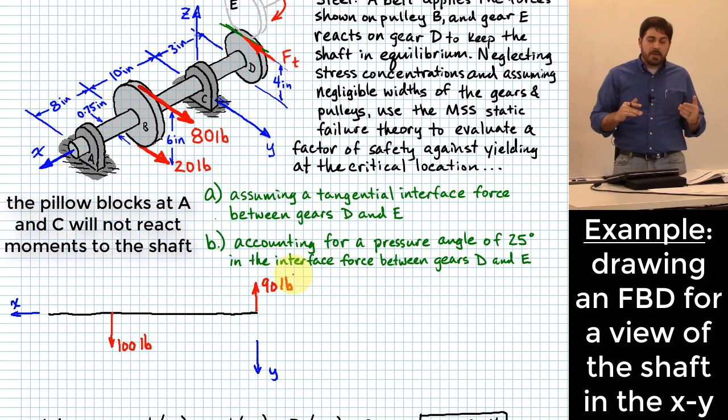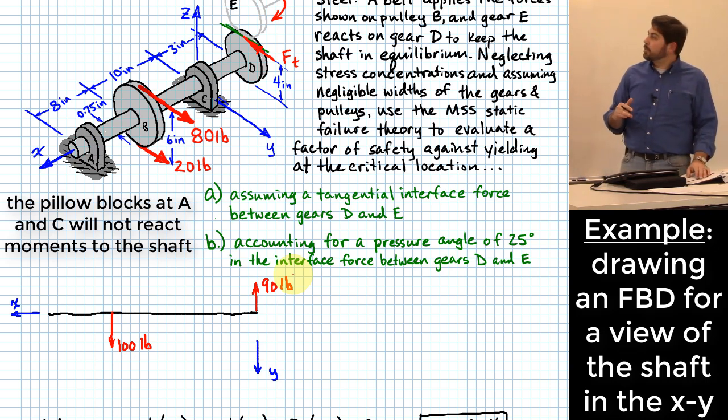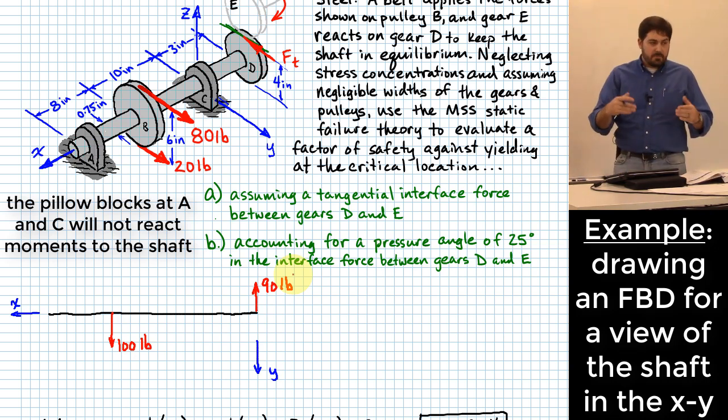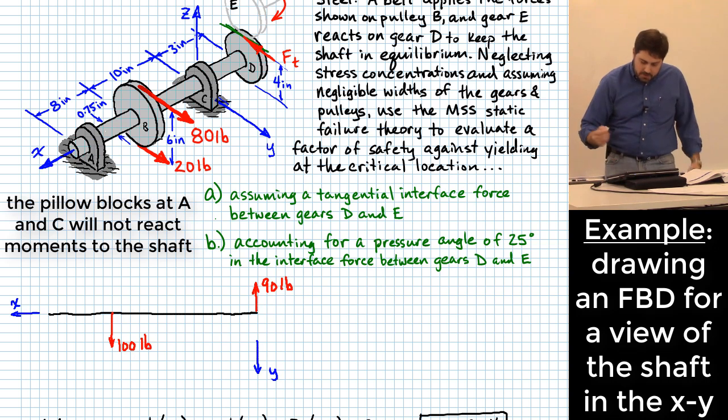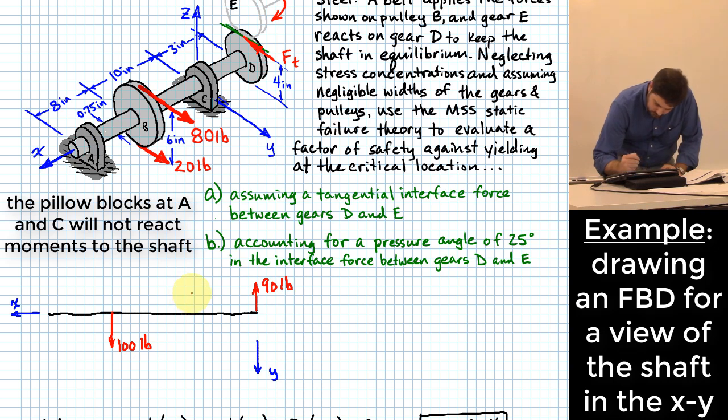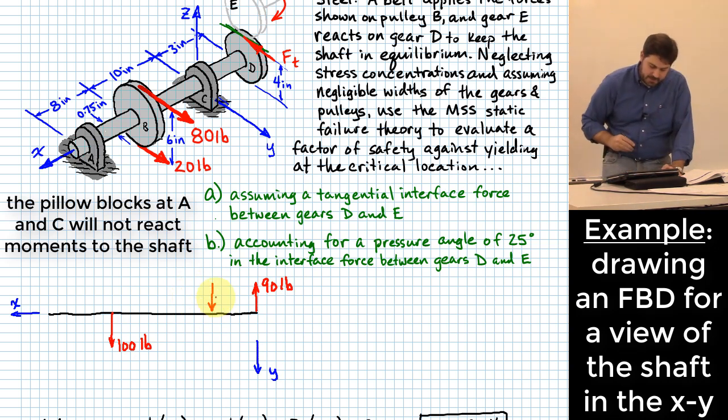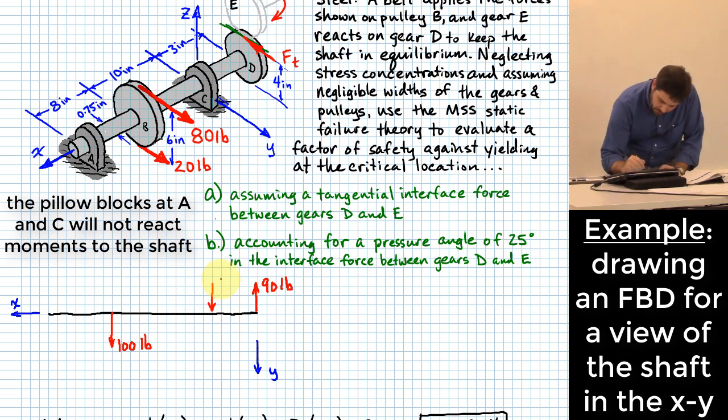So if I want to be slick about this, I can properly choose the directions of my reactions so that I come up with positive values. You don't have to do that, but it's sometimes helpful and might make your life easier to not have negative values. So what direction should I show my reactions?